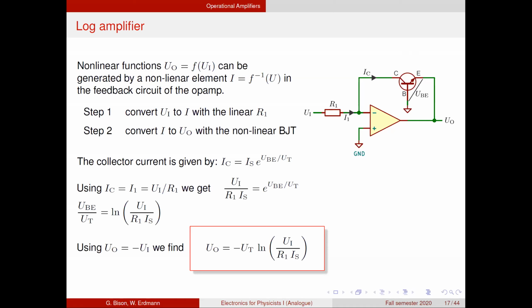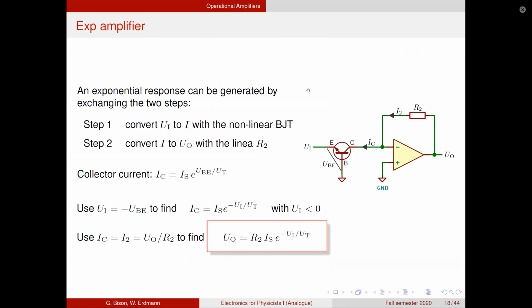Okay, the next thing we can do is exchange the position of the nonlinear element. So now if we put the nonlinear element in front of the amplifier and have a simple resistor in the feedback loop, then the 2 steps are reversed.